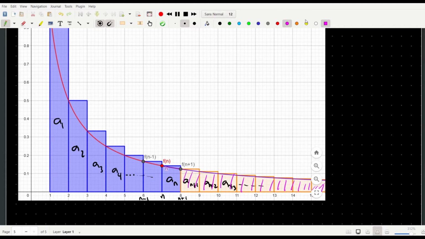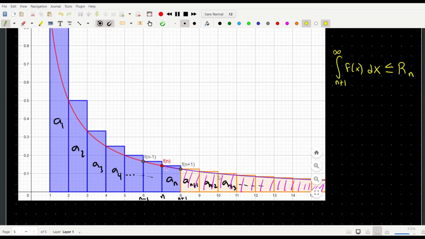And it should be very clear that the remainder, R_n, the sum of a_(n+1) plus a_(n+2) plus a_(n+3) all the way to infinity, is bounded below by the improper integral from n plus 1 to infinity of f of x dx, which is the pink area that I've shaded right here.